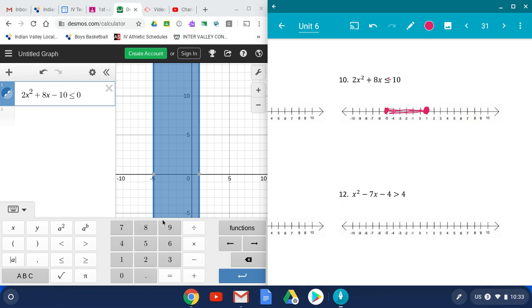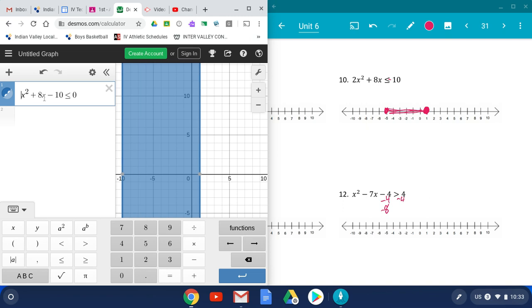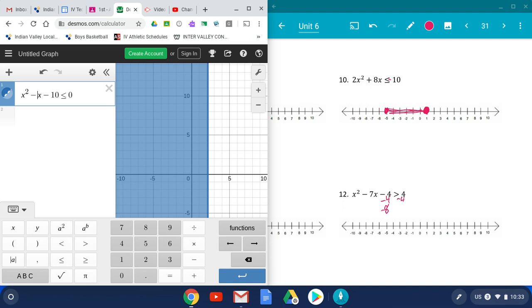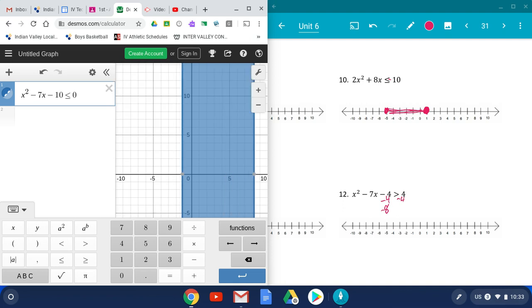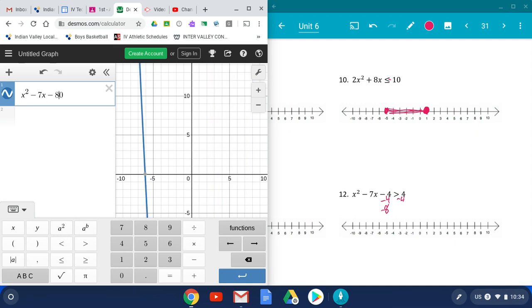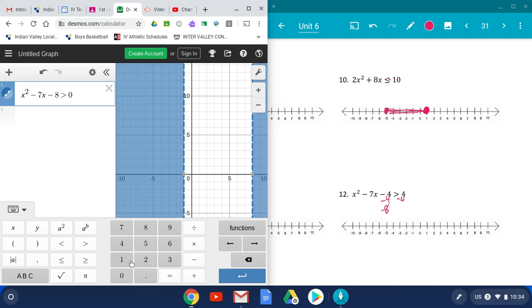Number 12. Subtract 4, minus 4, so that would be a negative 8. So I got x squared minus 7x minus 8 is not less than or equal to, but greater than 0.